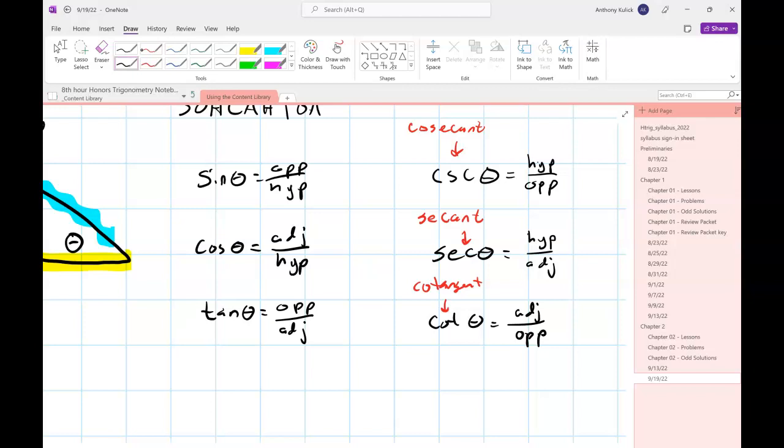The way I remember it is no cos go together. So cosine does not go with cosecant. The only choice I have left for it is secant. And because cotangent and tangent went together, the only choice to go with sine is cosecant. So that's how I remember it. So I don't really need to remember all these new ratios. I just remember SOHCAHTOA and then which ones are reciprocals of which ones. Everybody cool with that? Let's practice using these.